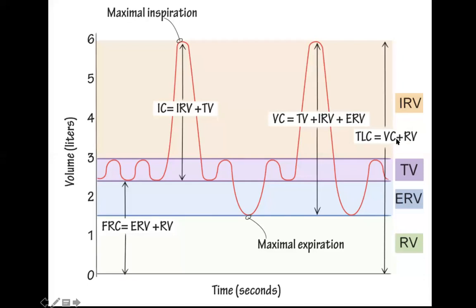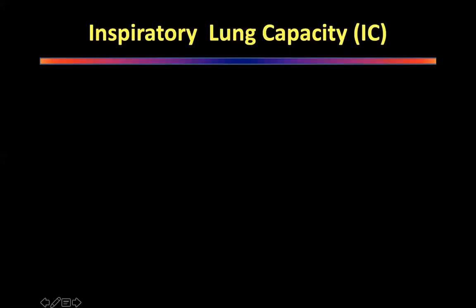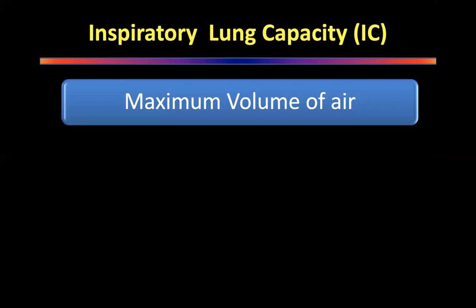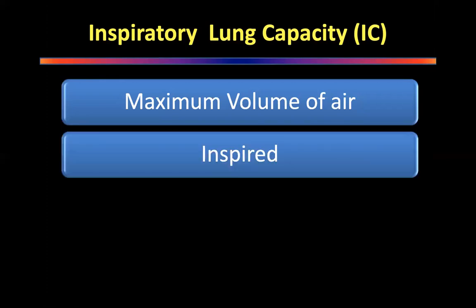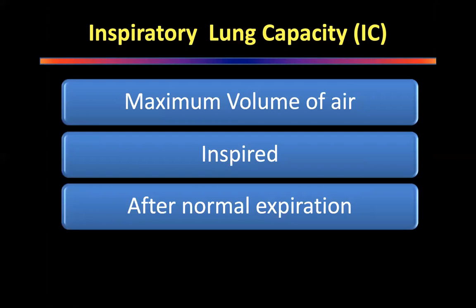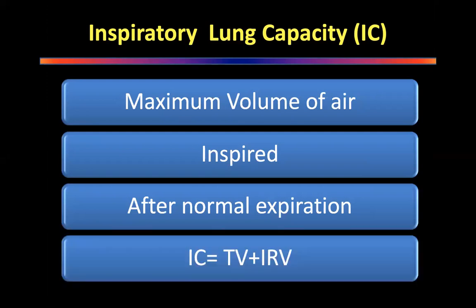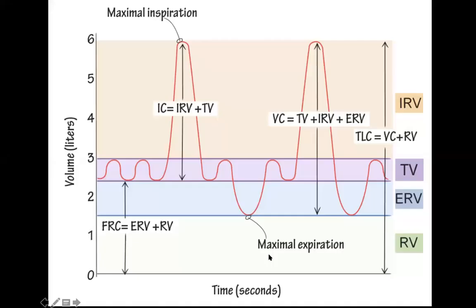Is this clear? The next one is inspiratory capacity. If you've understood what the game is, then you will know that inspiratory capacity is the maximum volume of air that is inspired after normal expiration. So tidal volume plus IRV.